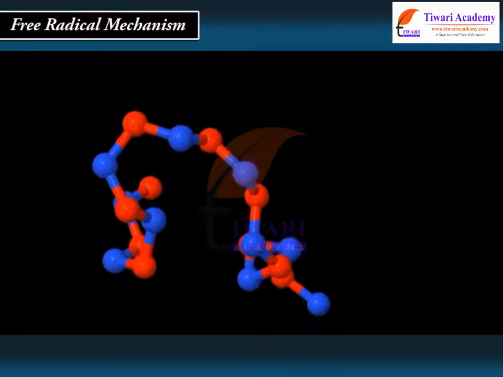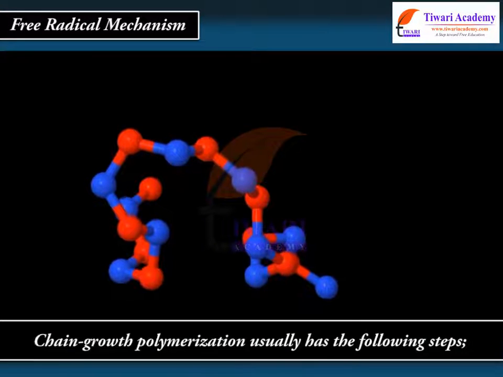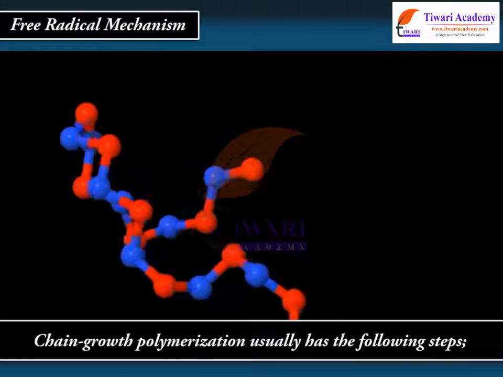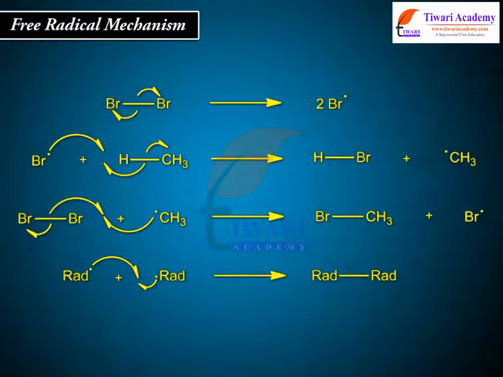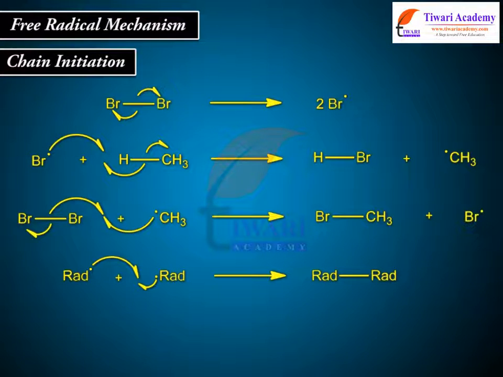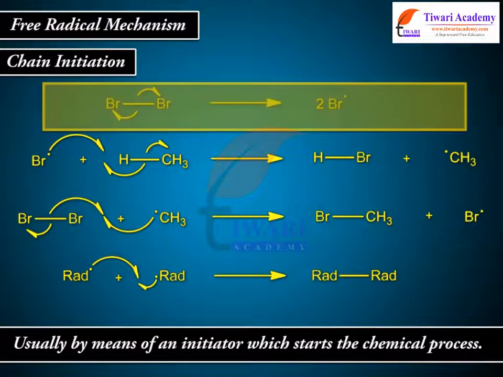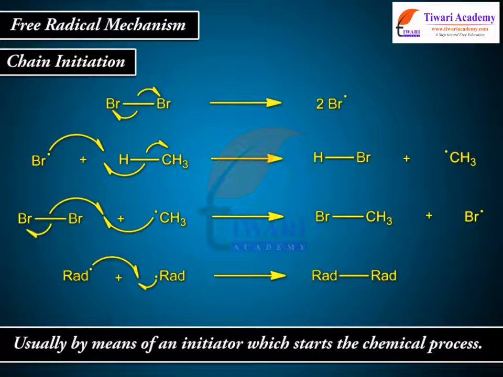Free radical mechanism. Chain growth polymerization usually has the following steps. Chain initiation, usually by means of an initiator which starts the chemical process.